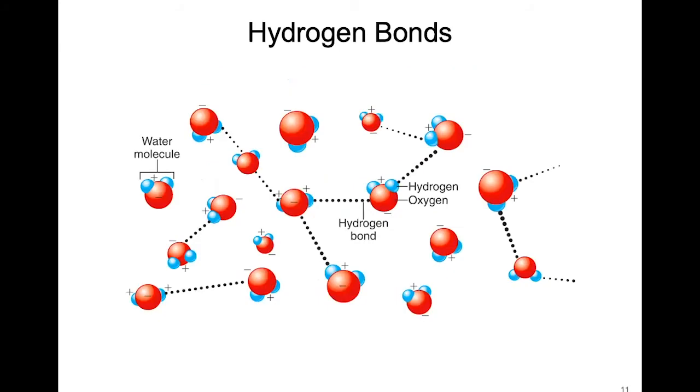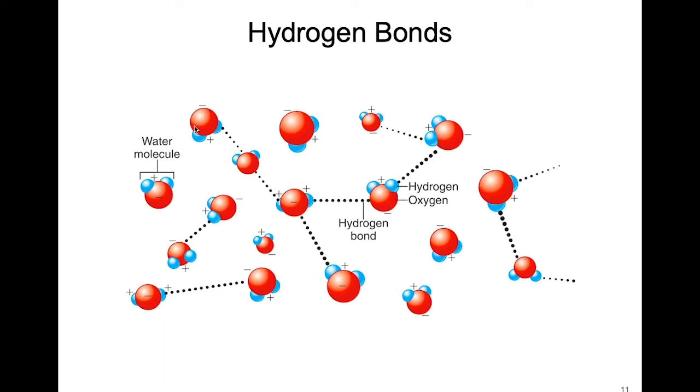Now, the third type of bonding we're going to talk about today are hydrogen bonds. Now, hydrogen bonds are relatively weaker in comparison between covalent and ionic bonds. Hydrogen bonds exist between polar molecules where you have a region of the molecule that is slightly charged negative and the other that is slightly positive.